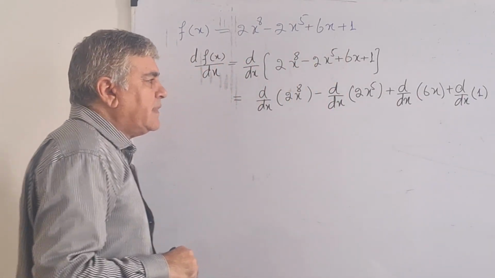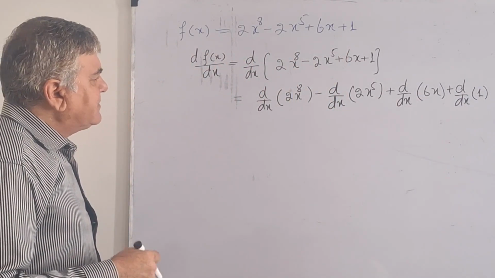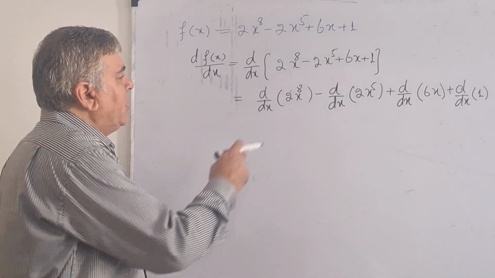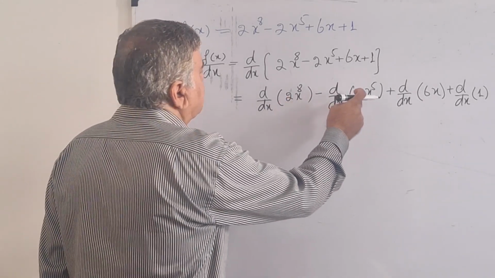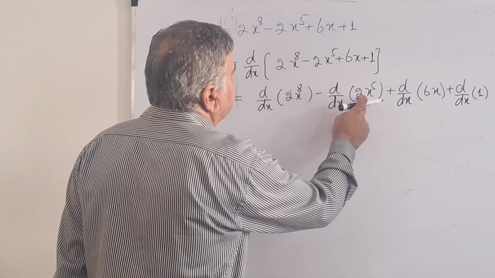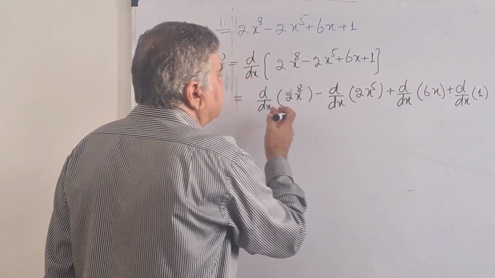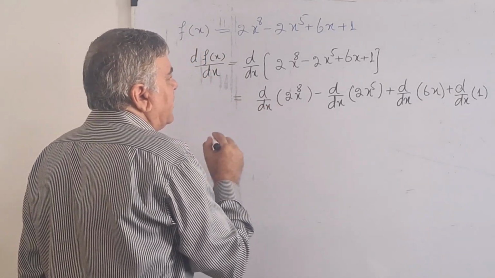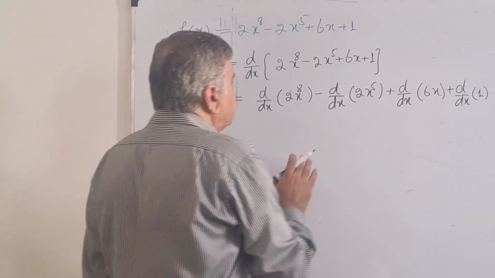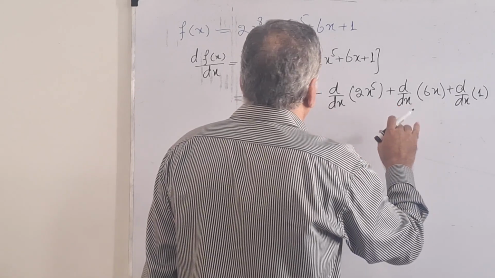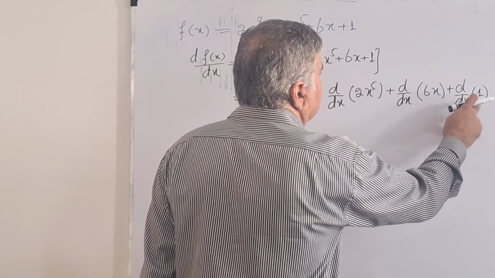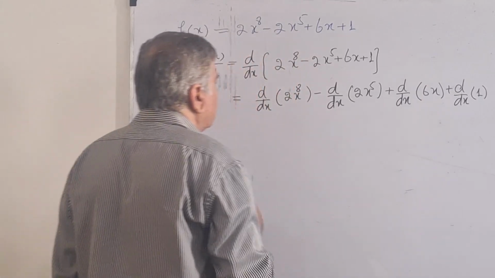Right? Now, using the constant times variable rule, I can take 2 and 6 out of the derivative. That is, I can write them to the left. And using the constant rule, the derivative of a constant, this is a constant, so this derivative would go to 0.